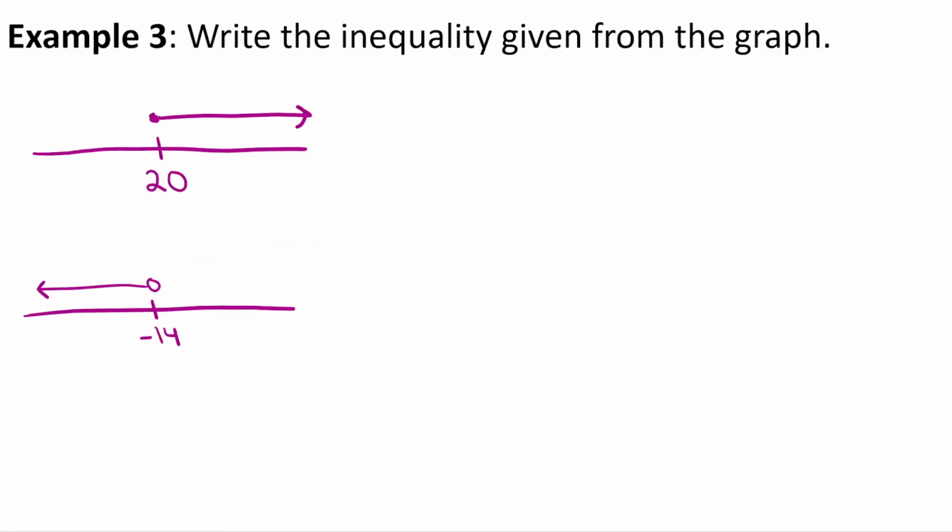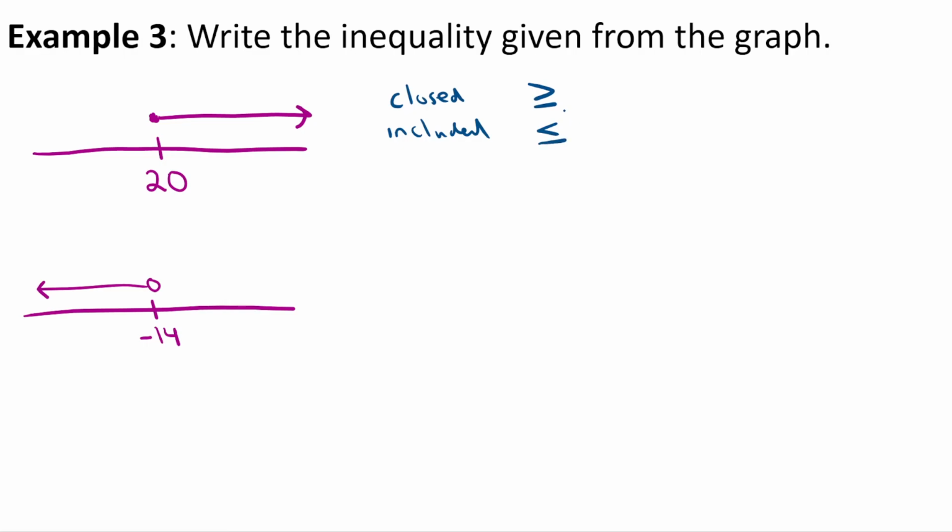Now, what about if we were given the number line, the graph itself, and we have to write the inequality? The first thing I would do is look at the number line and the direction. Here I can already see that it's closed, so I know it's included. That means I'm deciding between greater than or equal to or less than or equal to.